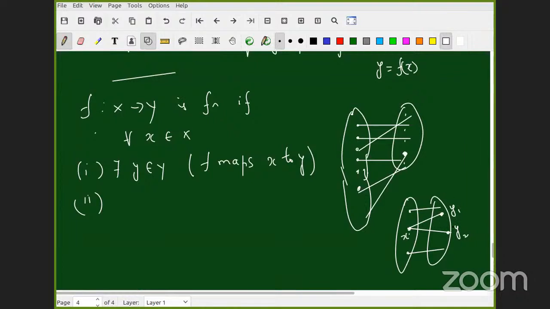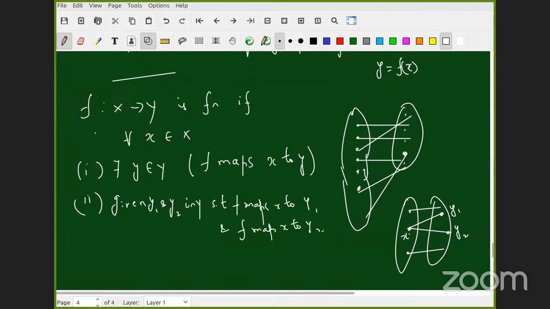Because when I draw them separately, it means they are two different elements. What does this say? Given y1 and y2 in Y such that f maps x to y1 and f maps x to y2, then y1 must equal y2.